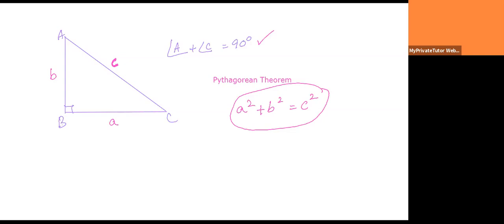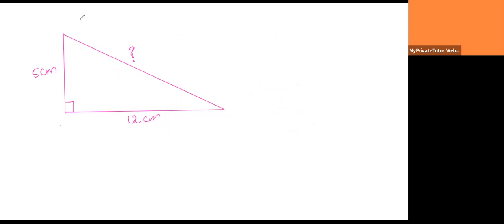Okay, for example, if we have a side of 12 centimeters and this one is 5 centimeters, how do you find the longest side? We are going to use the Pythagoras theorem, isn't it?